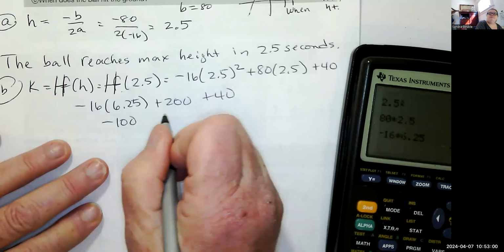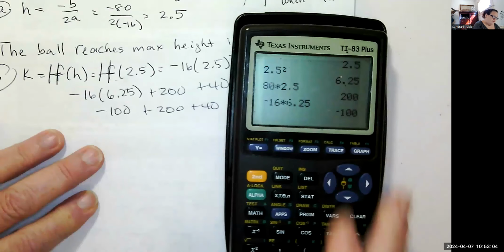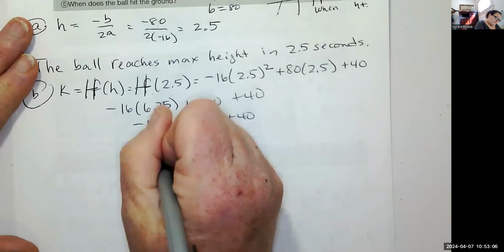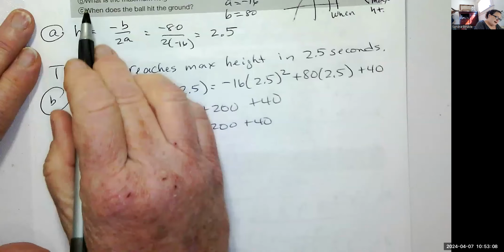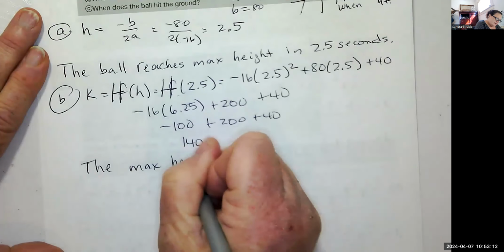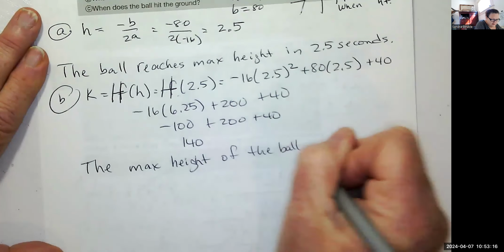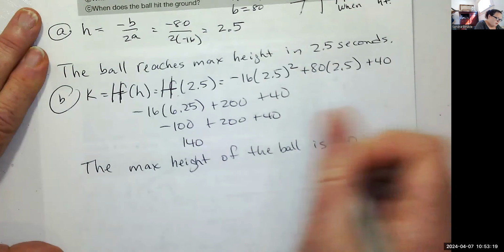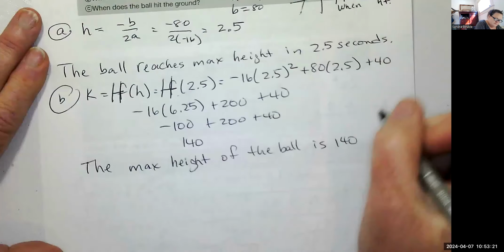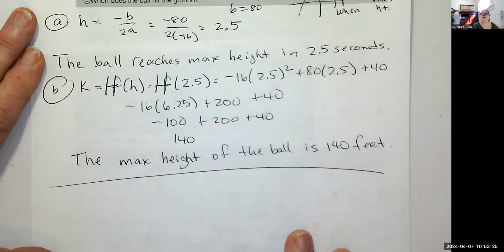So -100 plus 200 plus 40 is what? It's 140. What is the max height of the ball? The max height of the ball is 140. What are we measuring this in? Feet? Feet. And that happens in 2.5 seconds.